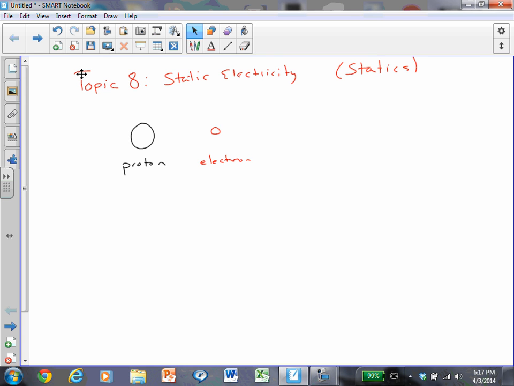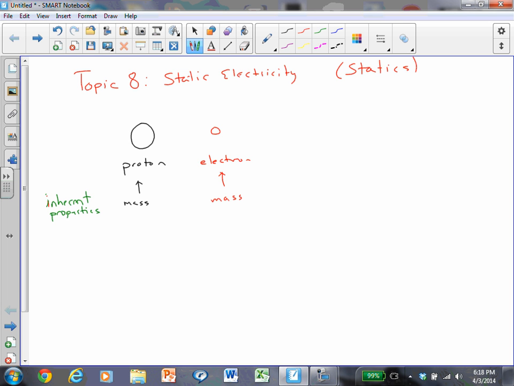There's also neutrons and other particles as well, but each of these has a certain mass, and that's an inherent property. So what is the mass of a proton? What is the mass of an electron?